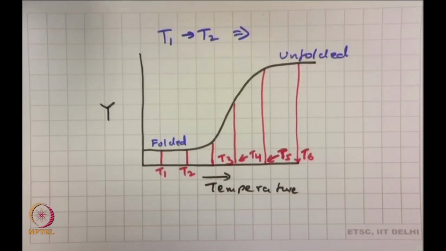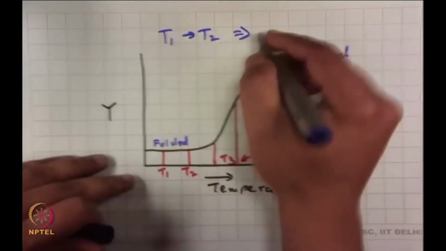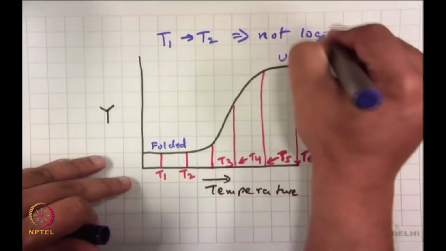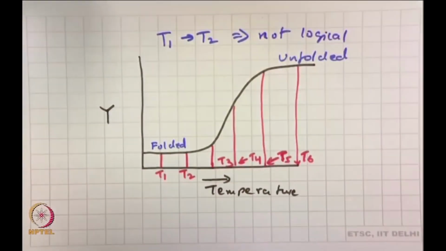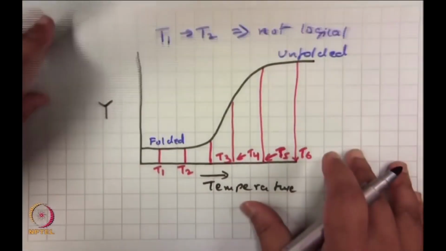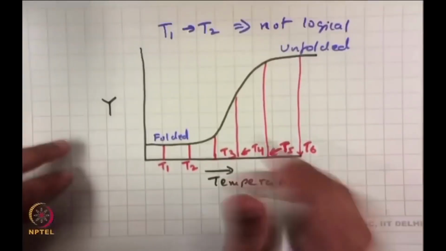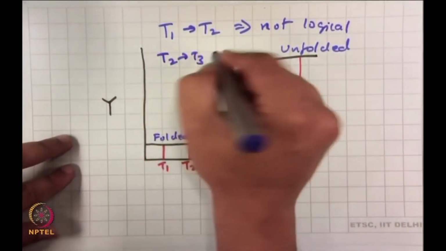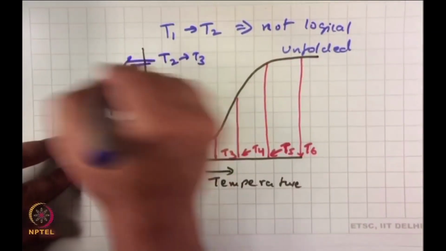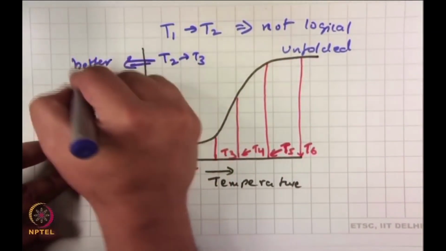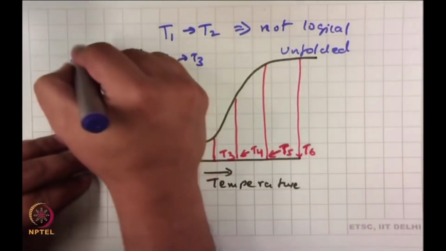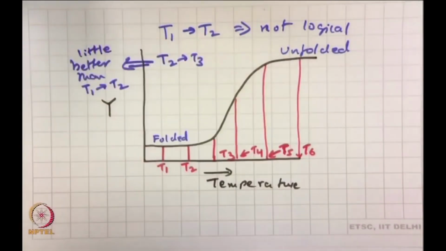So, obviously, T1 to T2 is not logical, then I can write T2 to T3, this would be a little better than T1 to T2, because we have a small change in the concentration of the folded state.